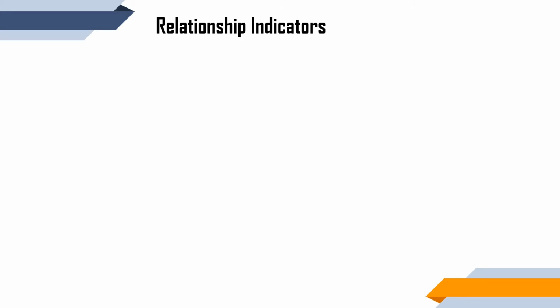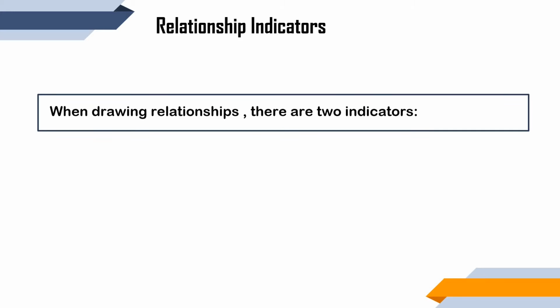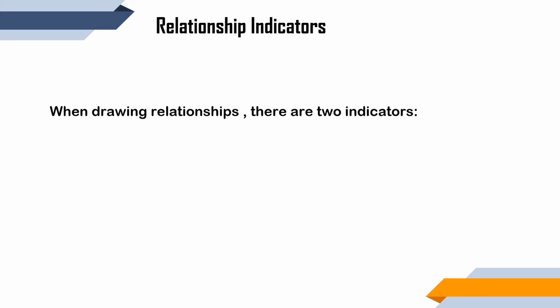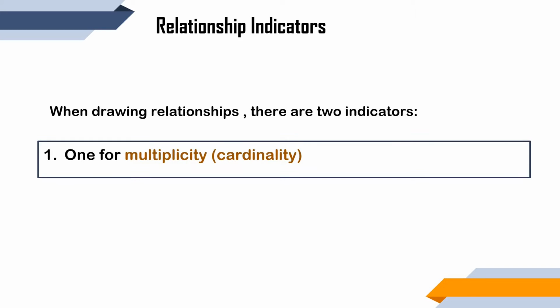Now I will tell you what is a relationship in much more details. Now, when drawing relationship, basically there are two indicators. Means we have got relationship cardinality. Don't worry, we will understand cardinality in much more details in this lecture itself.